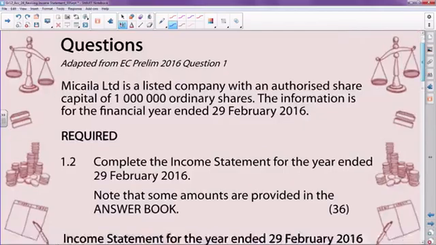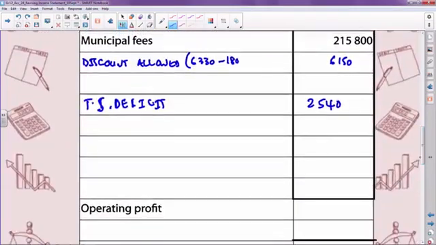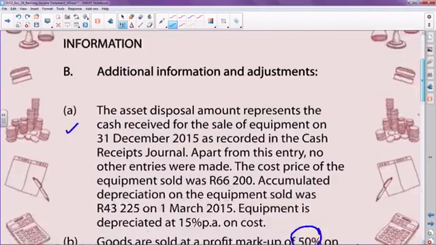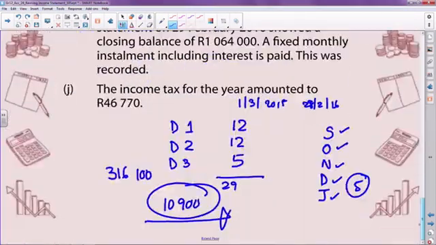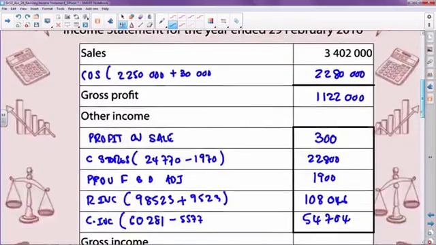Okay, so what do we do? In my income statement, I've got director's fees, 316,100, right? And my adjustment was what? Remember, I worked it out. It was an amount of 10,900. It was outstanding. Debit director's fees, credit accrued expenses, 10,900.